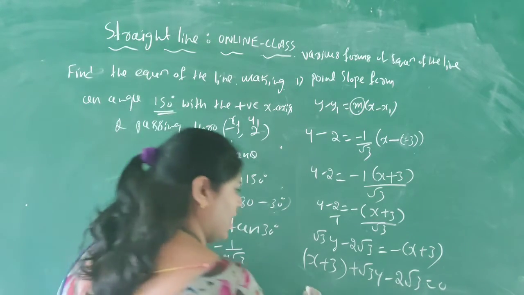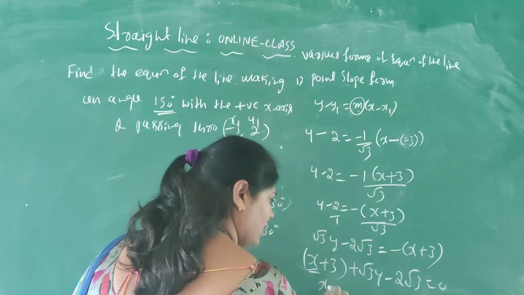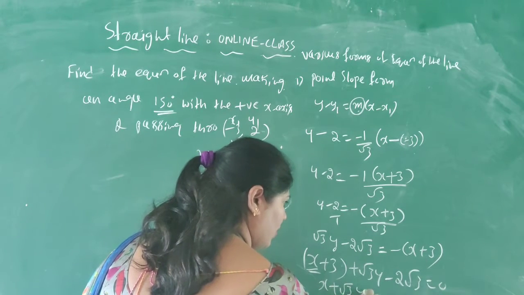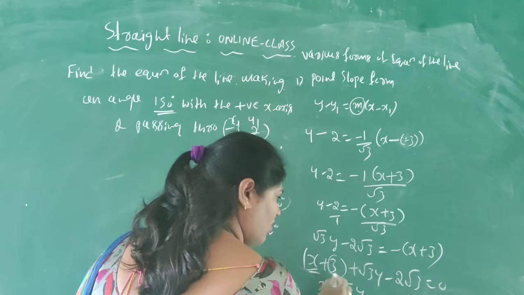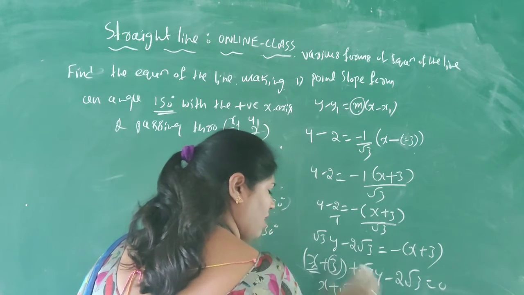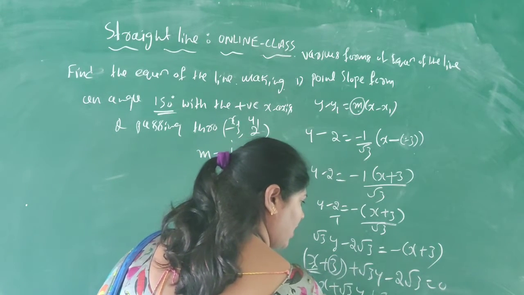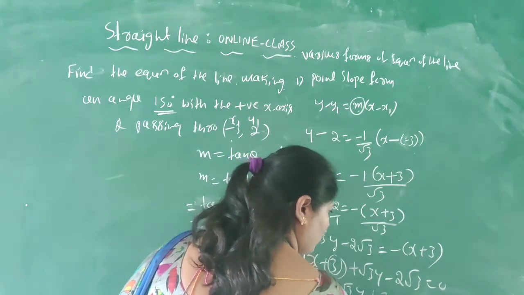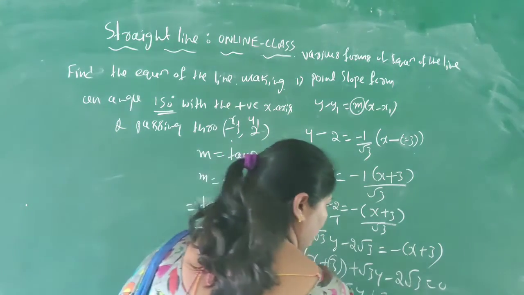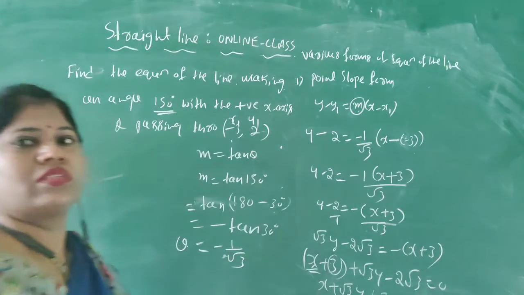This can be written as x plus root 3y, which are the x and y terms, and the constant is 3 minus 2 root 3, equal to 0.